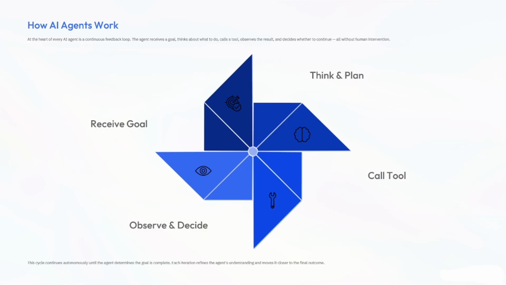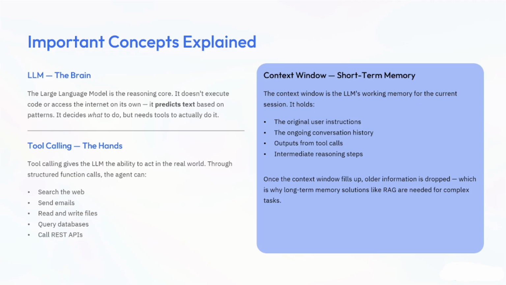So it will first think and plan, then call tools, observe and decide, and then deliver the result.